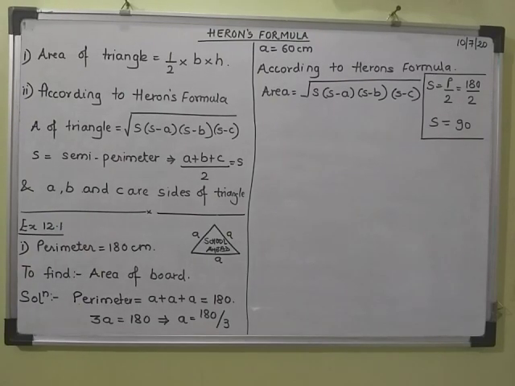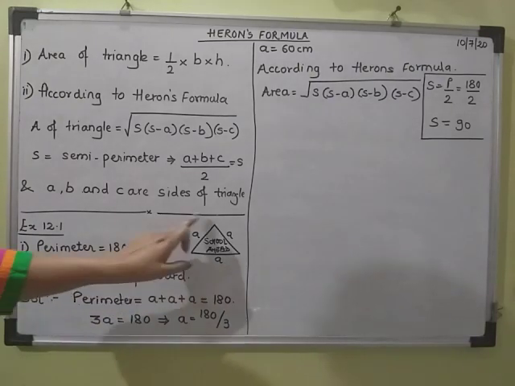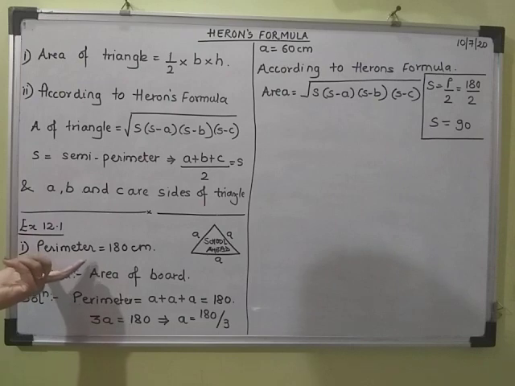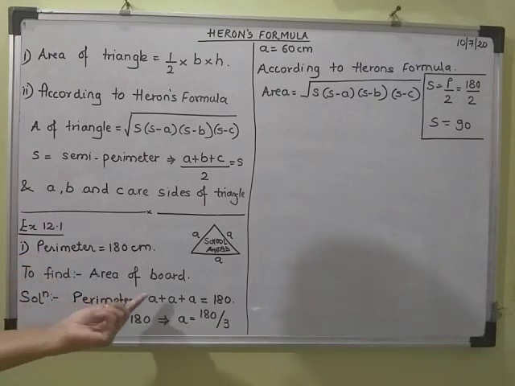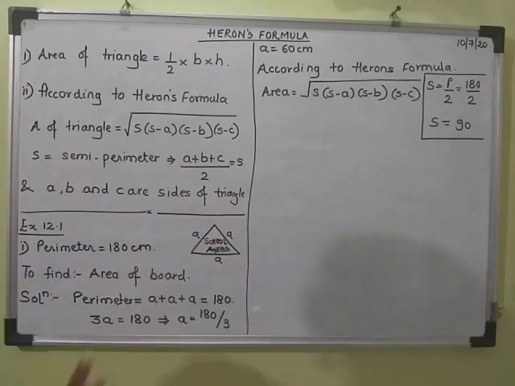If its perimeter is 180 centimeters, meaning the sum of all the sides is 180 centimeters, what will be the area of the signal board? First, given are the perimeter and the sides of the triangle. The perimeter means A plus A plus A, because it is an equilateral triangle and all sides are equal.